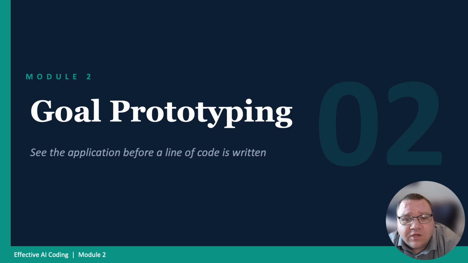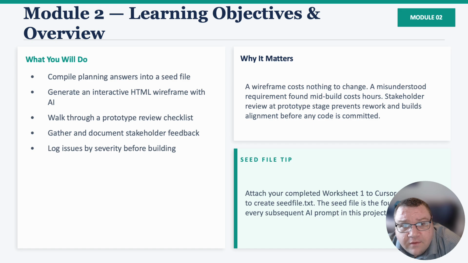We're going to use our seed file, which we just created in Module 1, to generate an interactive HTML prototype. We're going to review it against a checklist, show it to at least one other person, and document everything that needs to change before a single line of real application code is written. In this module, you'll do 5 things. First, you'll compile everything from Worksheet 1 into a seed file.